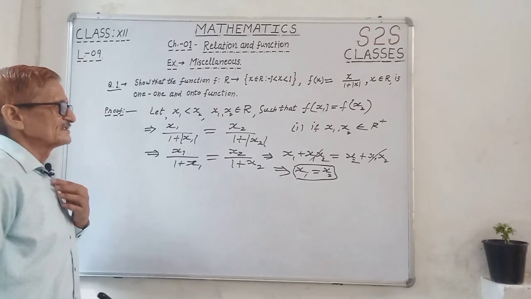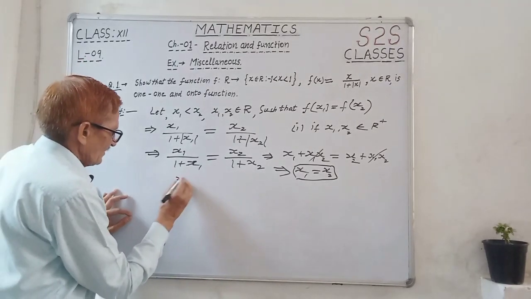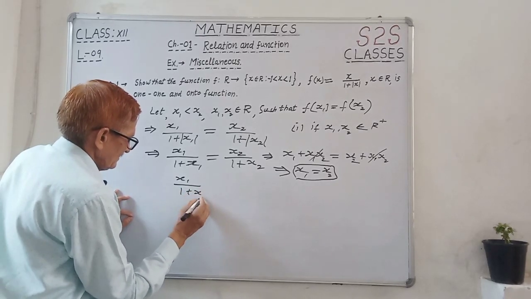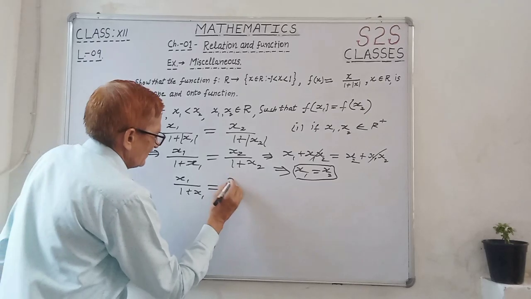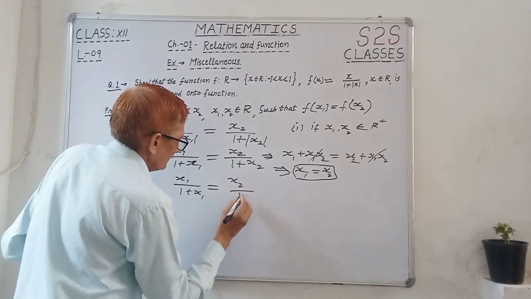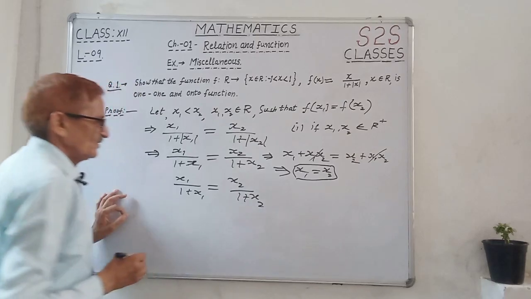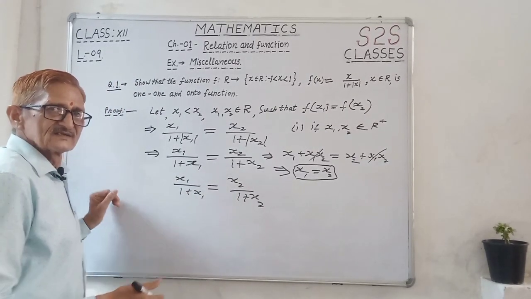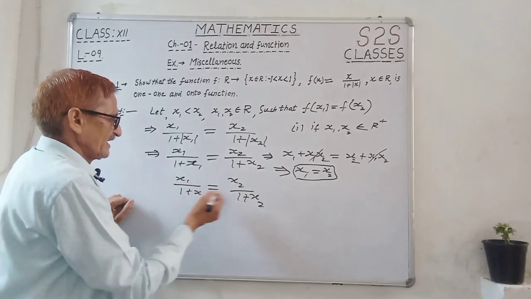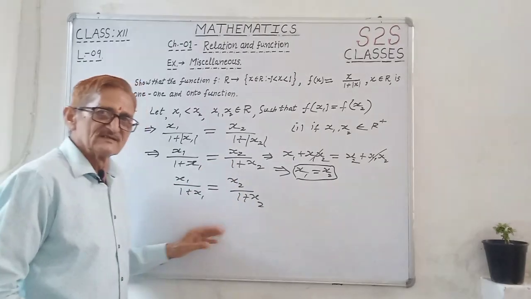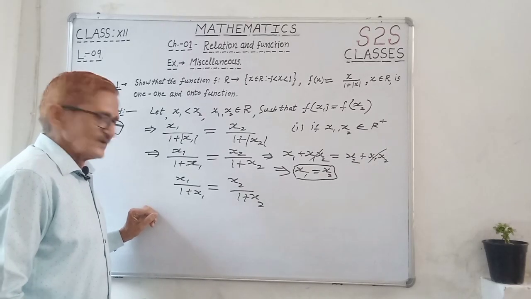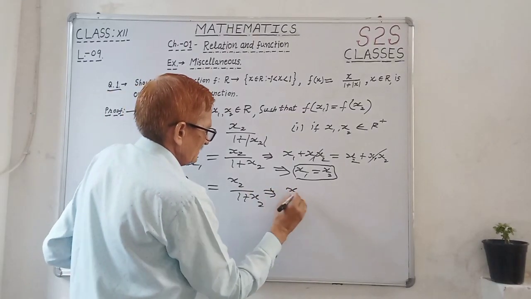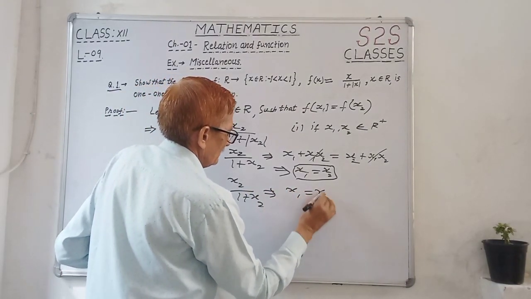So for every case, x1 upon 1 plus x1 will be equal to x2 upon 1 plus x2. In every case the modulus will be the same, if negative then positive, so upon negative will come. Clear. Now from this, in every case x1 is equal to x2.